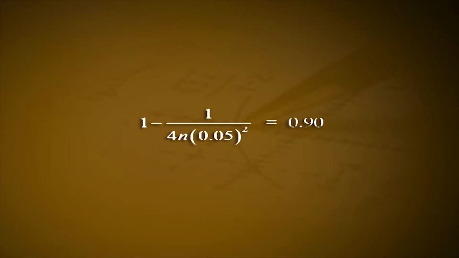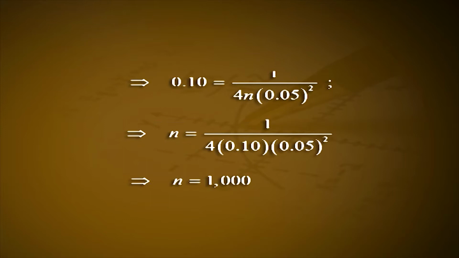To get the number of samples required so that the above probability is greater than 0.90, we have to find n such that 1 minus 1 divided by 4 into n into 0.05 square equals 0.90. This implies 0.10 equals 1 divided by 4 into n into 0.05 square. This implies n equals 1 divided by 4 into 0.10 into 0.05 square. This implies n equals 1000.